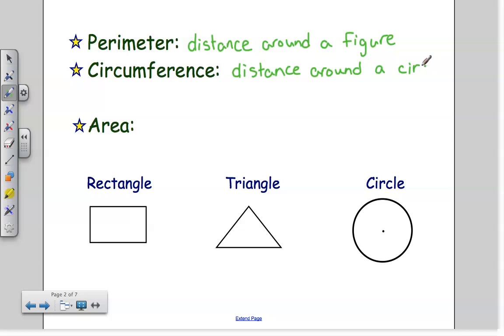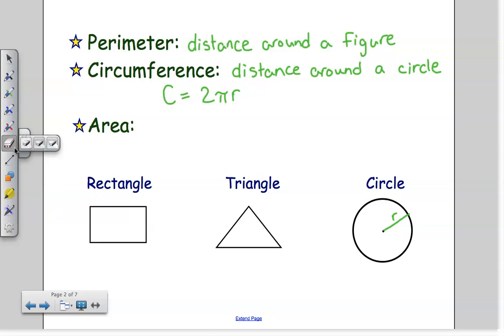And actually we have two different formulas you can use for circumference of a circle. The first one that you might remember, circumference is 2 times pi times r, and r stands for the radius of a circle. The radius of a circle goes from the center to the outside of a circle.